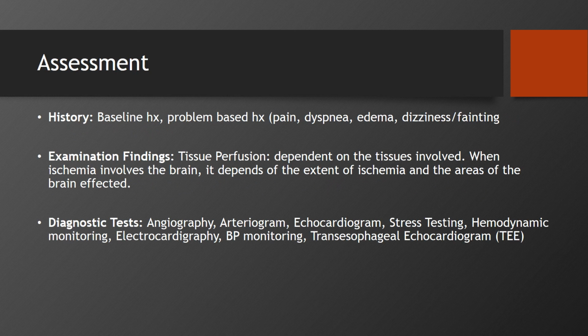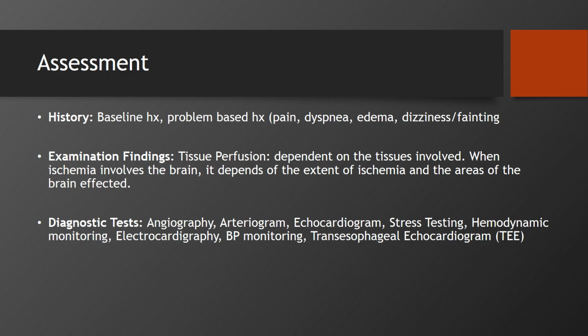You want a baseline history, okay? You want to know as far back as things like their family history for cardiovascular disease, their own history for any sort of cardiovascular disease, a basic head to toe sort of history.